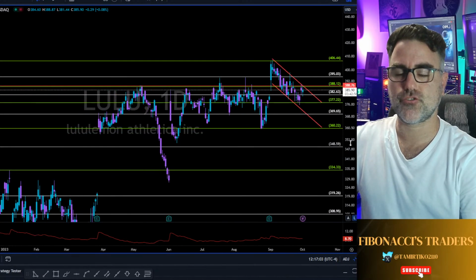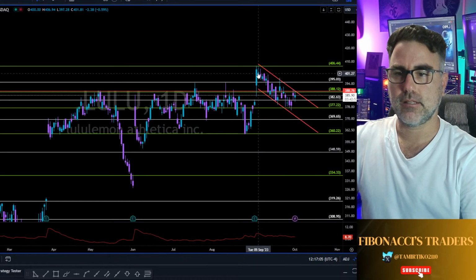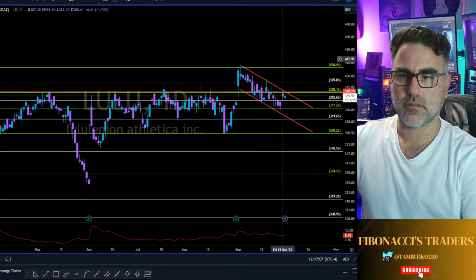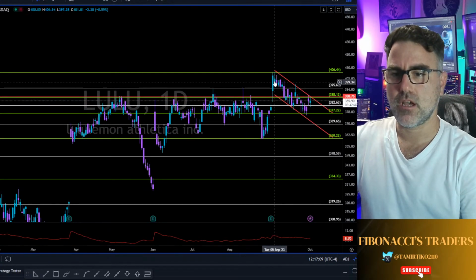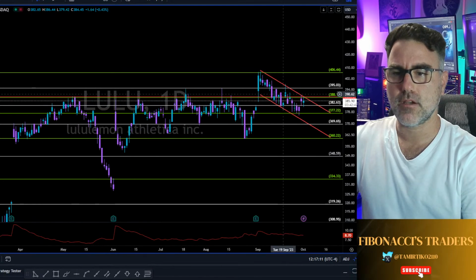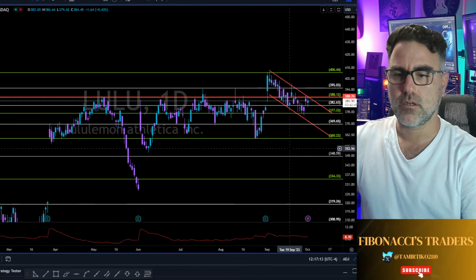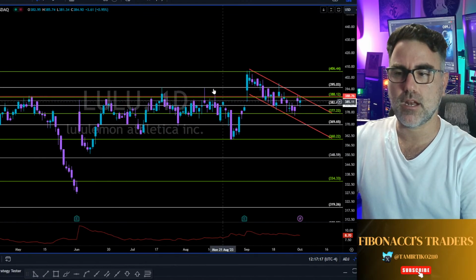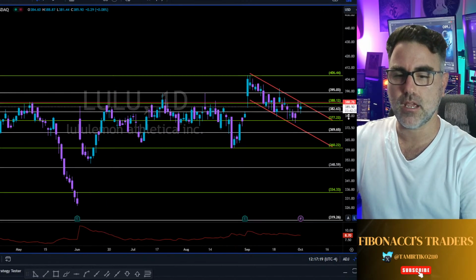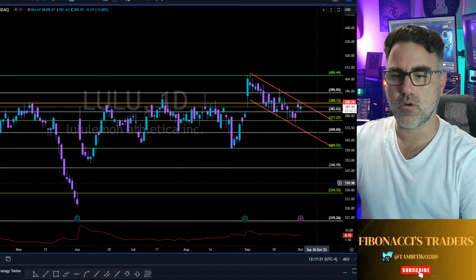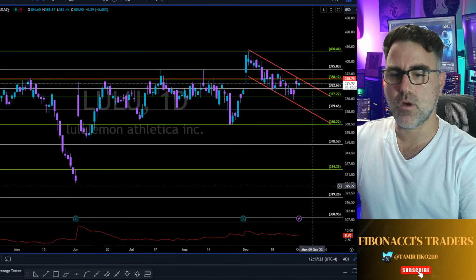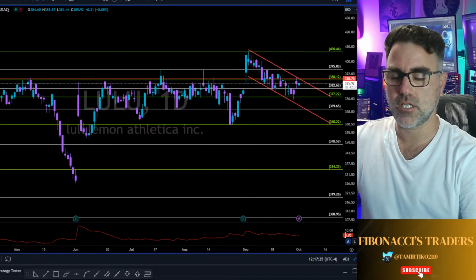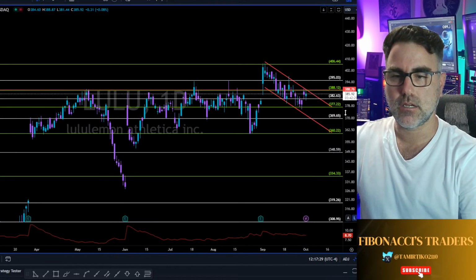ATR is the average true range. It takes the average of the last 14 candles from high to low, which means the volatility on each and every candle, in this case on the daily, which means Lululemon from high to low on average moves each and every day around 8.79 points.